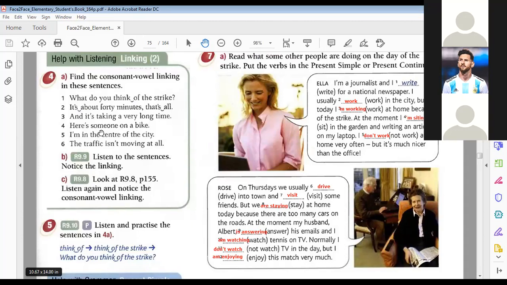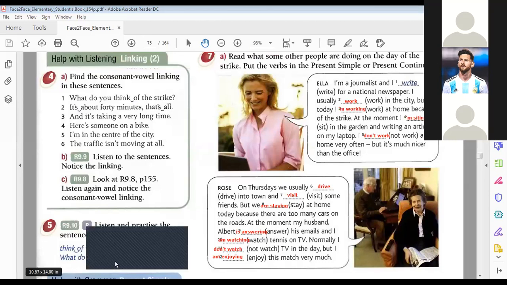Here's someone on a bike. I'm in the center of the city. The traffic isn't moving at all.